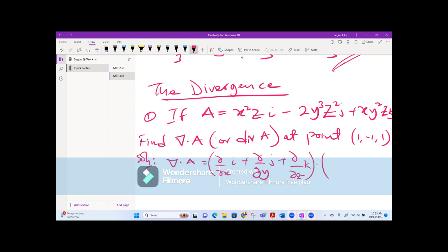Everything dots our A. Let's put it there because that place cannot contain it.